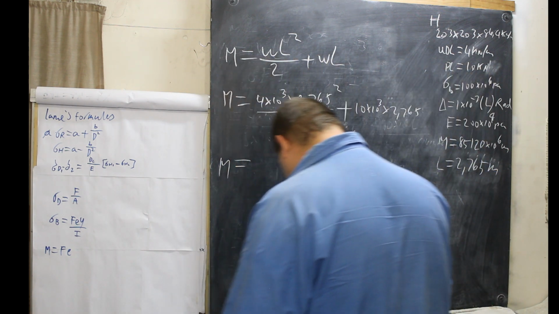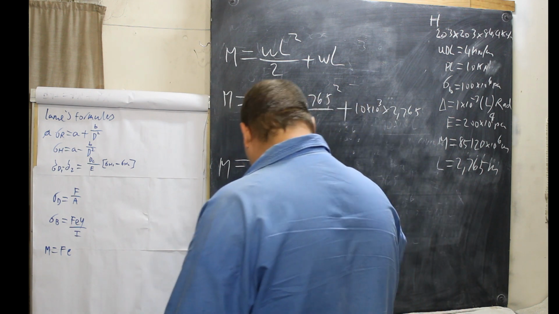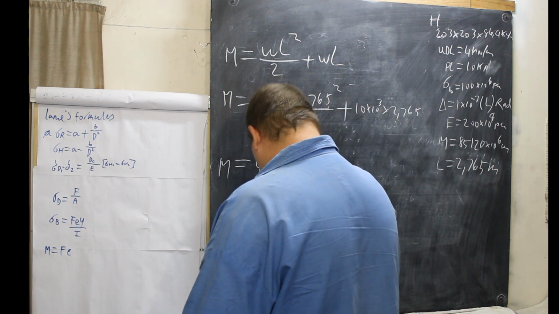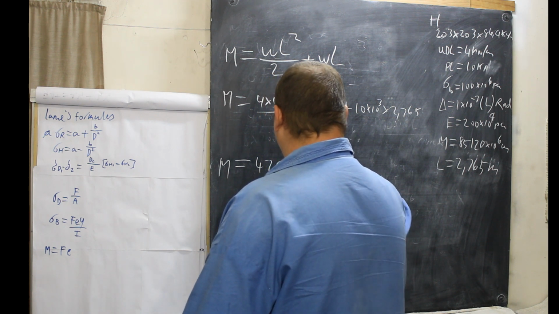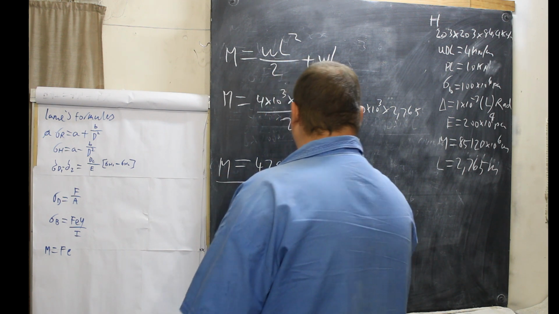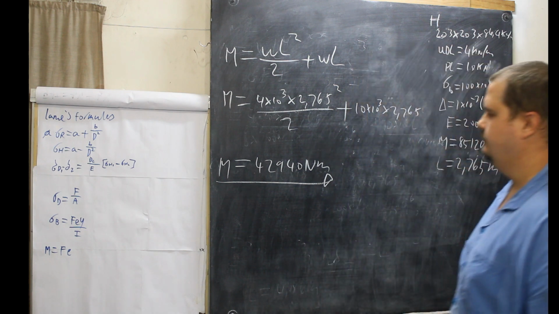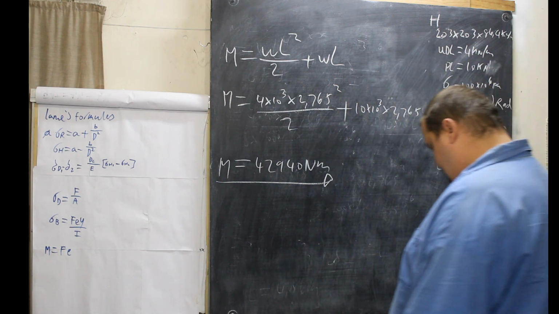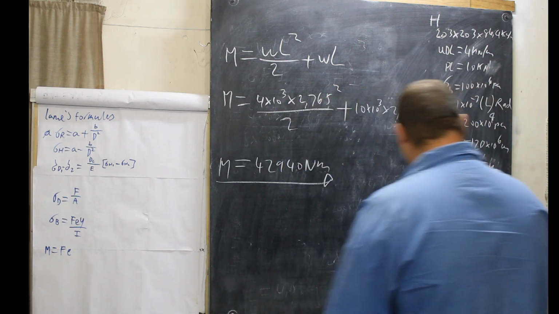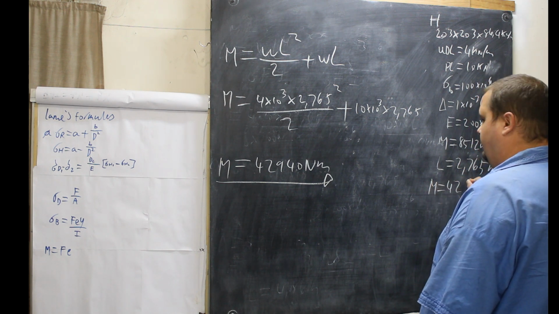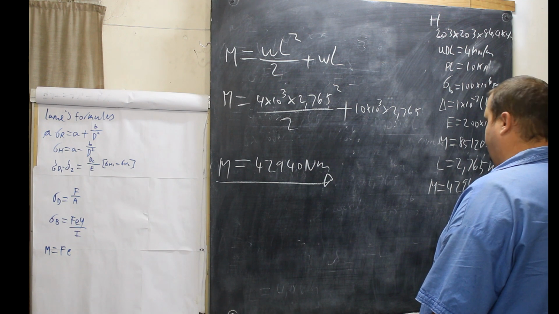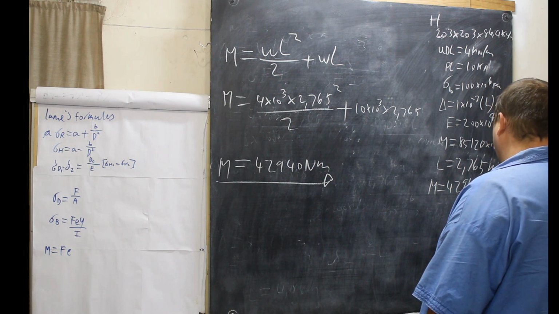And M equals 42940 Newton meters. Okay, so M equals 42940 Newton meters.